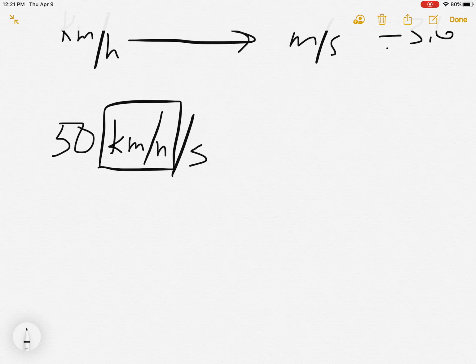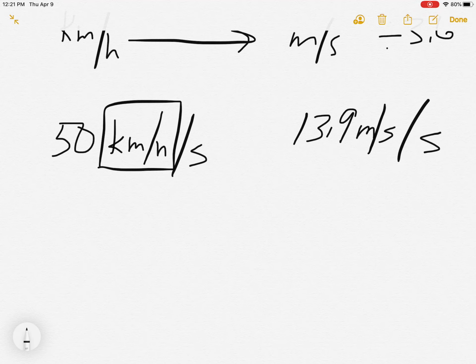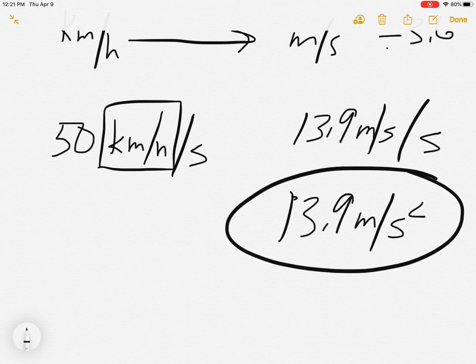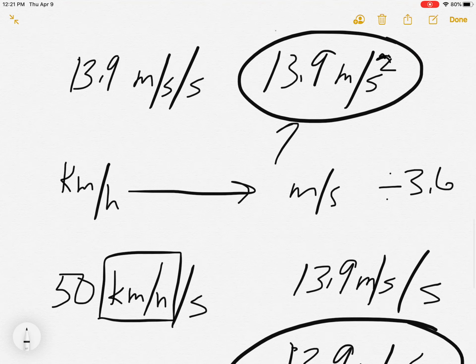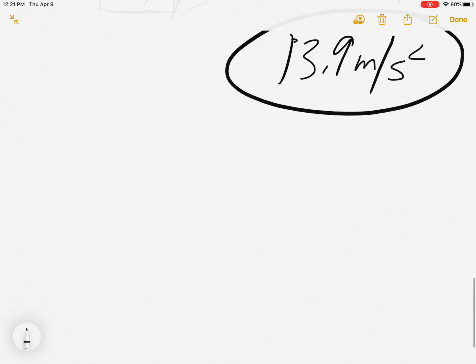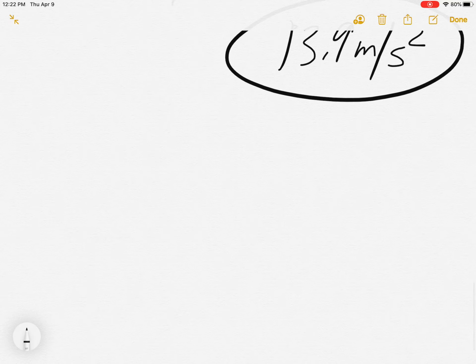Oh yeah, that's pretty close. Actually, it's 13.88, so it does round off to 13.9 meters per second. That's 13.9 meters per second squared, same as the answer we had up above. So that's your problem probably on 19C and D.